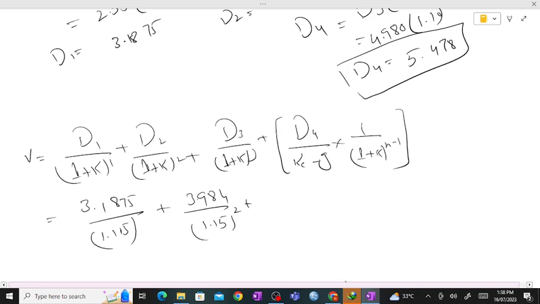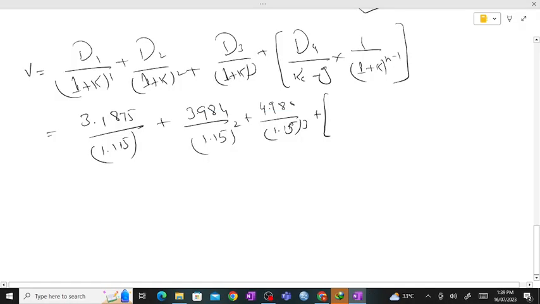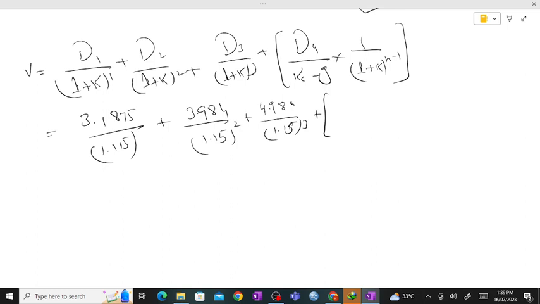D3 we have 4.980 divided by 1.15 power 3. D4 we have 5.478.